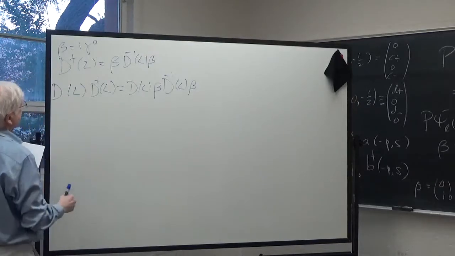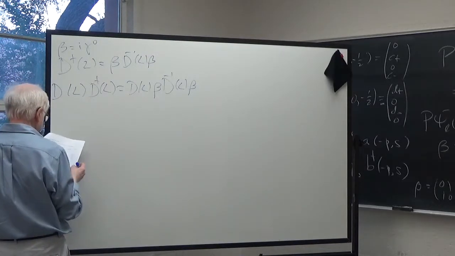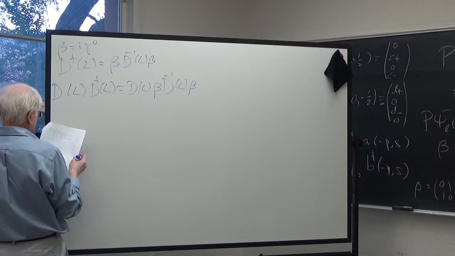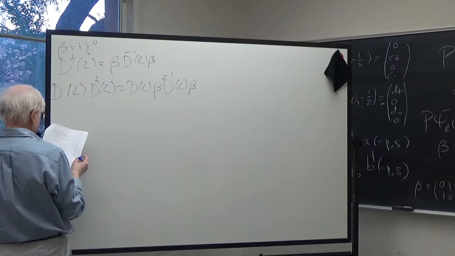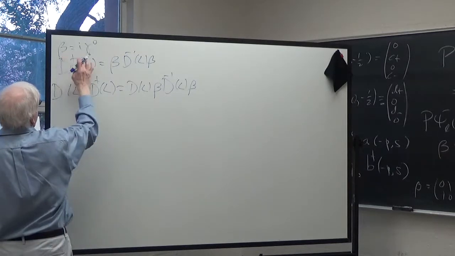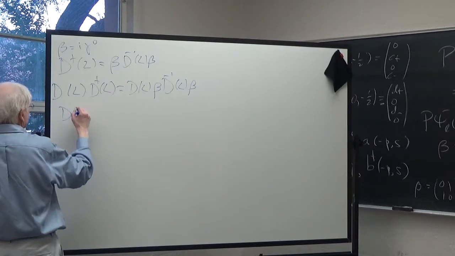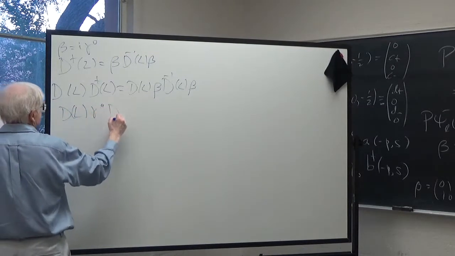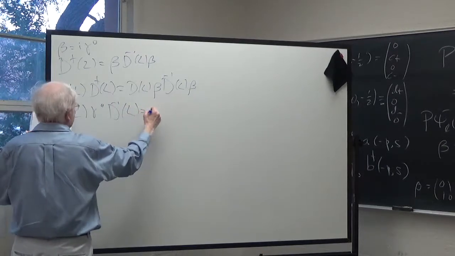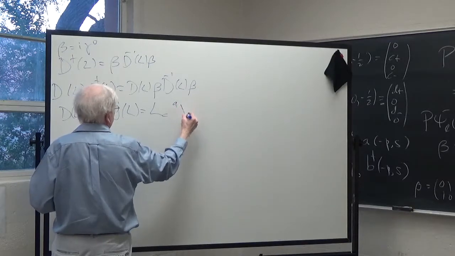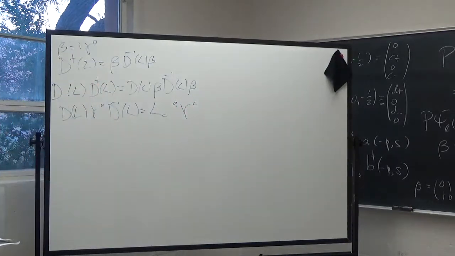On the other hand, we know that since the gammas form a 4-vector, D of L, gamma A, the inverse of L is L CA gamma C. You look skeptical.